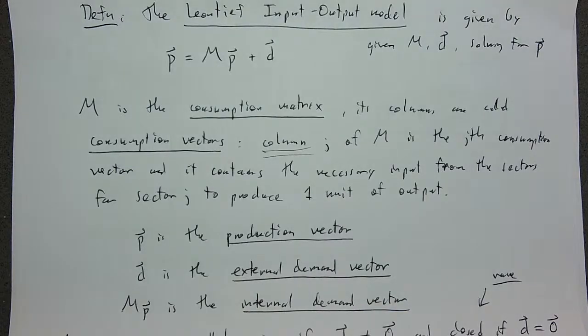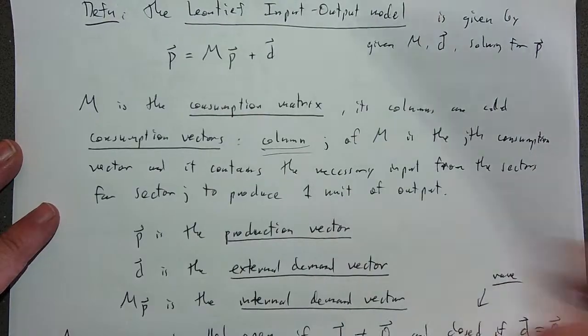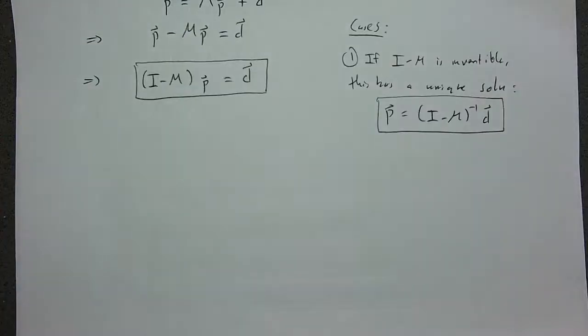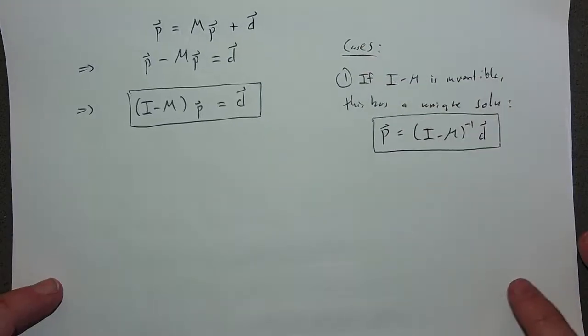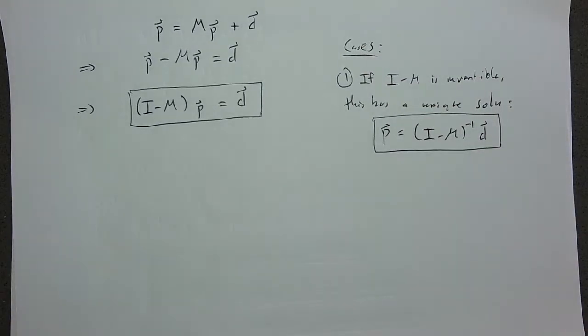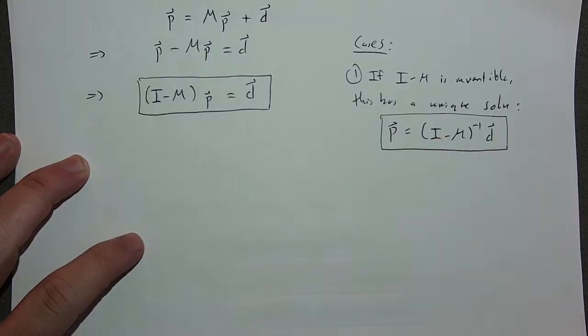And then, we will talk about what some of these numbers mean for specific examples. So P is the unknown thing we're solving for, typically given M and D. All right, in case you were confused by what it is we're doing. So in this first case, if I minus M is invertible, it has a unique solution. There it is in that case.